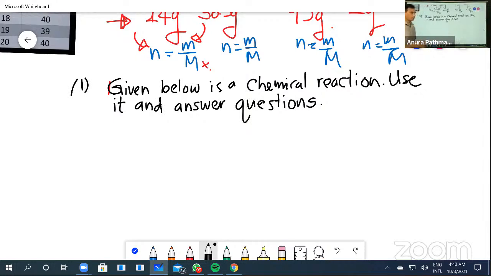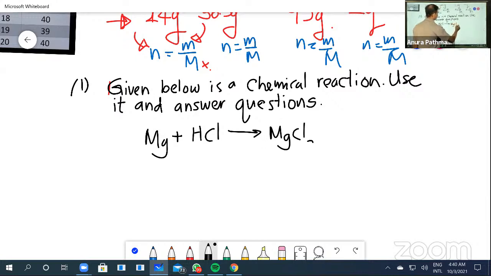I'm going to take the magnesium one. Magnesium with hydrochloric acid makes magnesium chloride and hydrogen gas. My simple question.